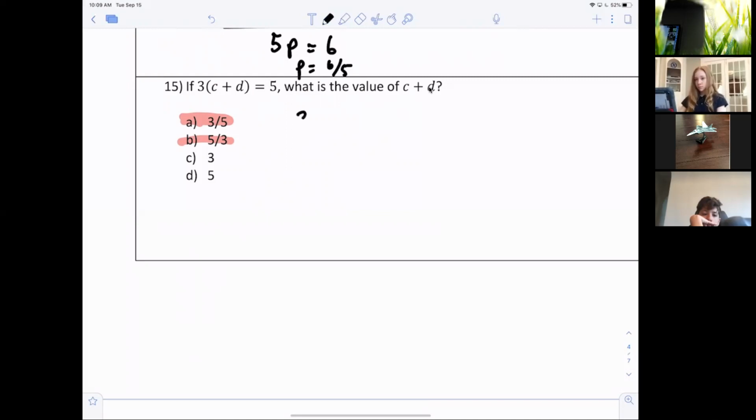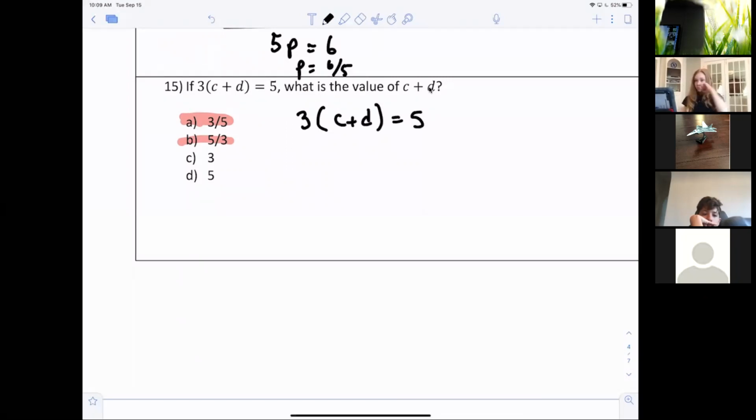Okay, now let's look right here real quick, guys. So 3c plus d is equal to 5, right? Now you're trying to solve for c plus d, which is not a traditional problem, but this is c plus d. So what's in the way? The 3. So all I have to do is get rid of the 3. And how do I get rid of the 3?